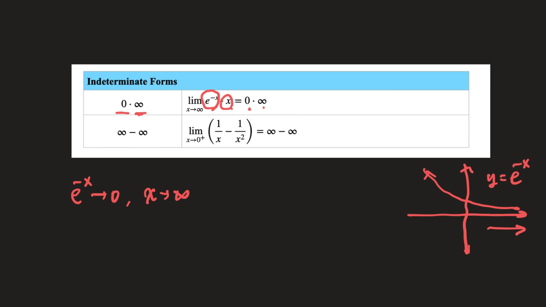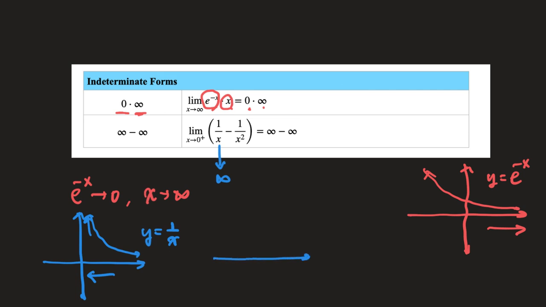Another indeterminate form is infinity minus infinity, like 1 over x minus 1 over x squared. I'm going to sketch the 1 over x graph. If you remember, this is the 1 over x graph. As x approaches 0 from the right, this goes to infinity. So 1 over x goes to infinity.